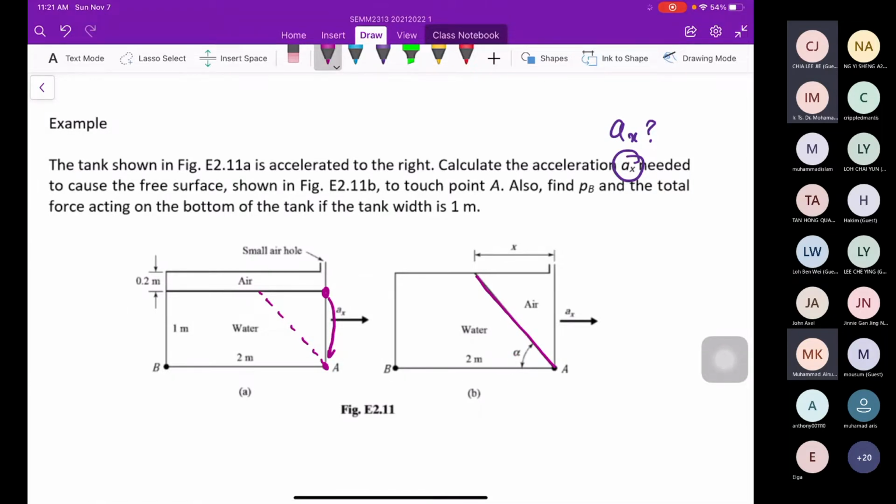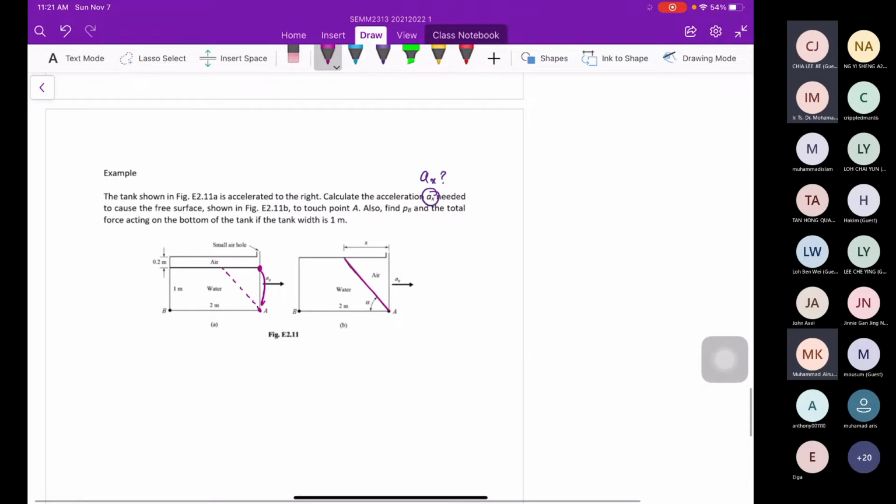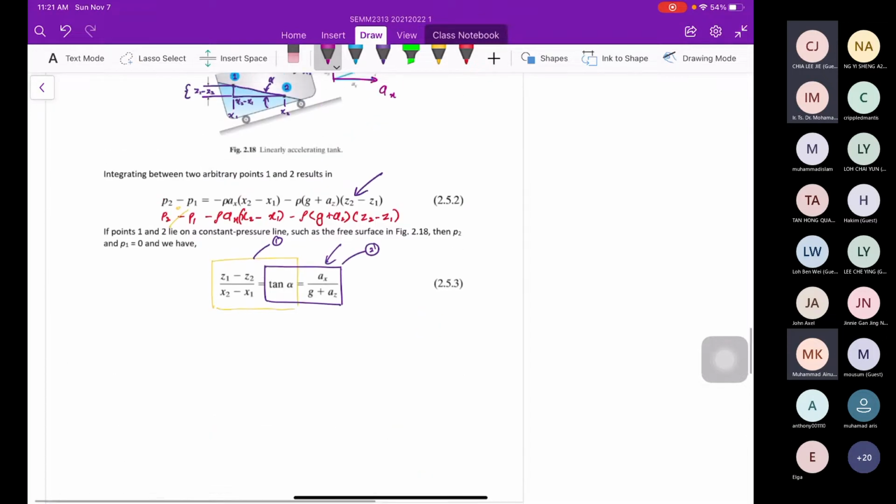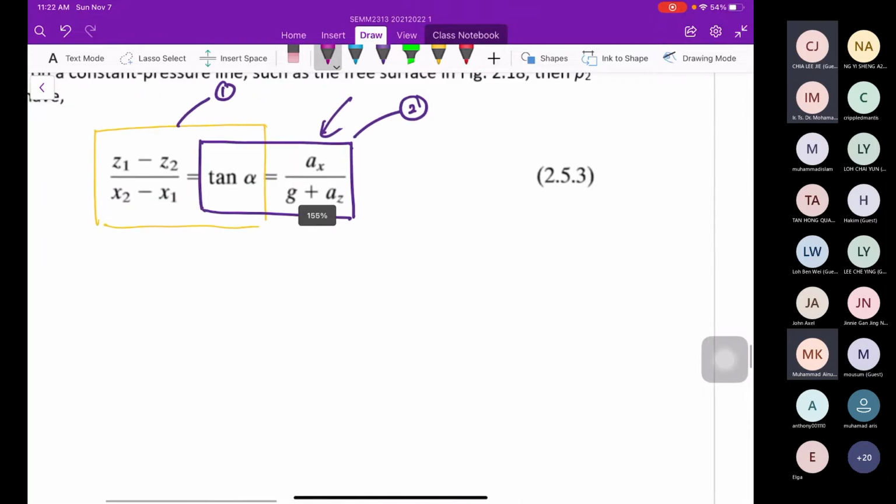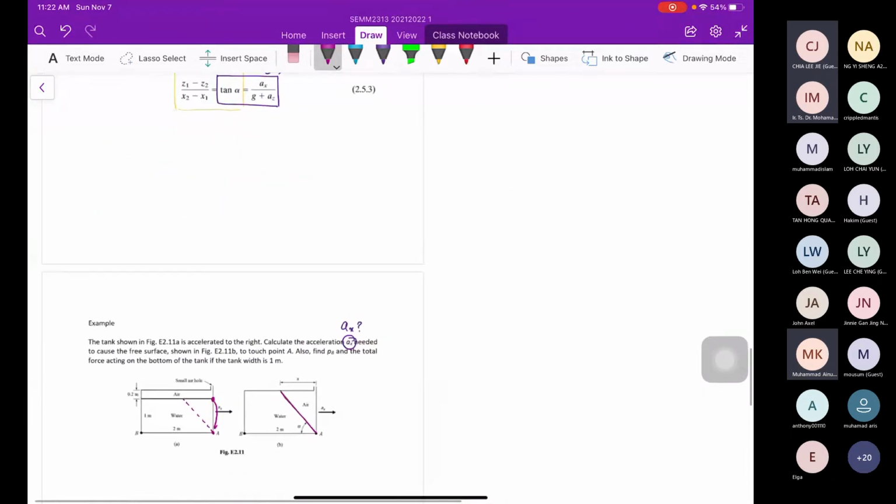To solve this question, let's list out our equation here. Now we have Z2. Let's place our equation: (Z1 minus Z2) over (X2 minus X1) equals tangent alpha equals AX over G plus AZ.